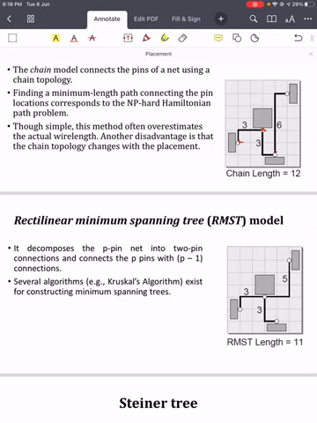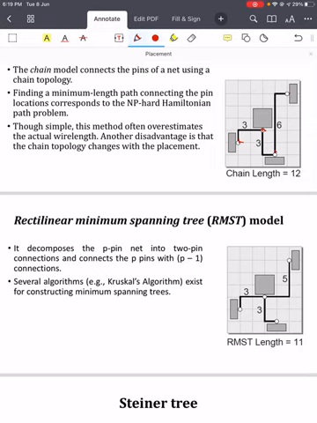In the rectilinear minimum spanning tree model, we are going to decompose the p-pin net into 2-pin connections and we will connect the p pins with p minus 1 connections. So RMST is simply a minimum spanning tree, a spanning tree with the smallest edge cost, and rectilinear means all the edge lengths correspond to the Manhattan metric.